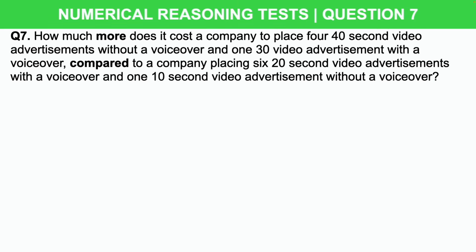Let's take a look at one more numerical reasoning example question before moving on to a different type of Deutsche Bank assessment test question. So question 7 is this. How much more does it cost a company to place 4 40-second video advertisements without a voiceover and 1 30-second video advertisement with a voiceover, compared to a company placing 6 20-second video advertisements with a voiceover and 1 10-second video advertisement without a voiceover?